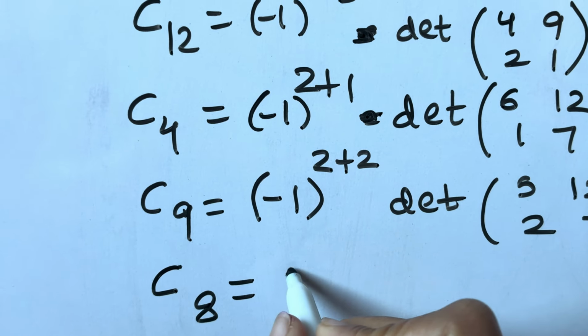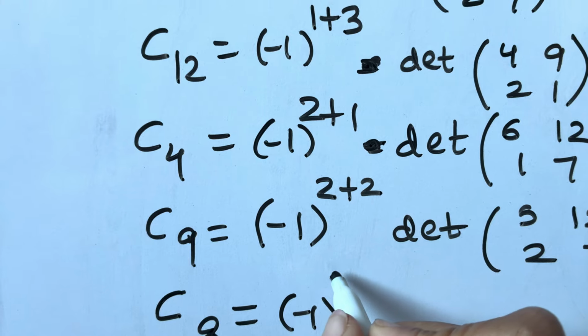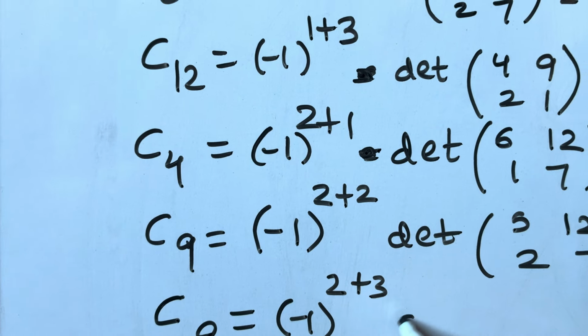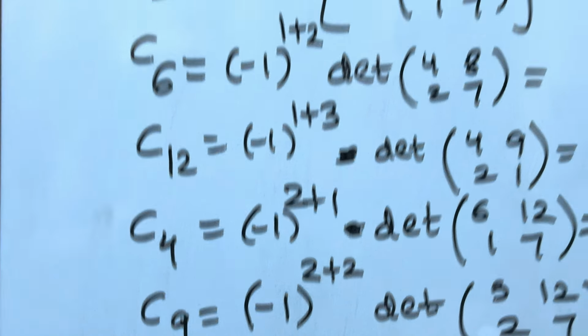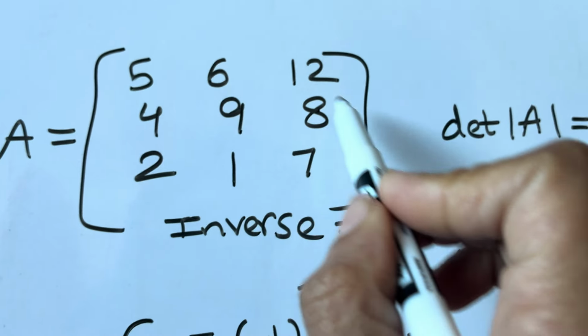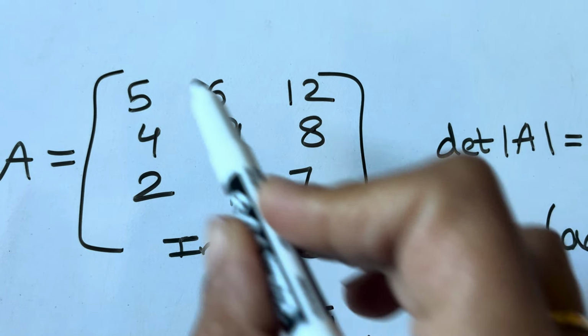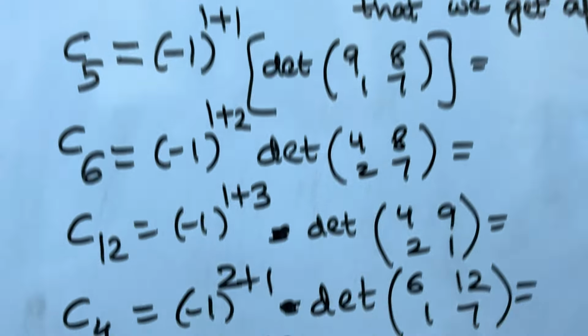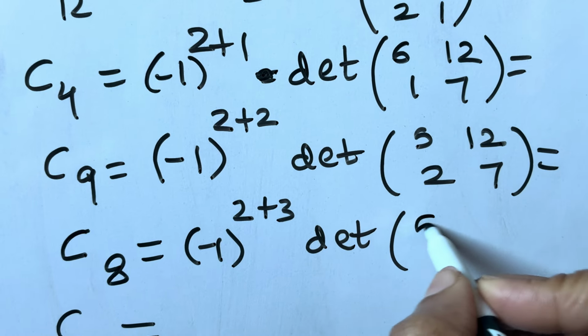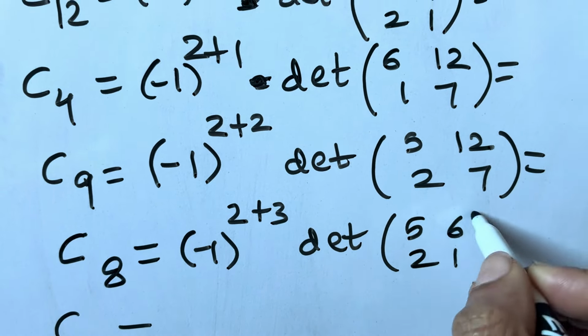And for 8: -1 to the power 2 plus 3, and the determinant would be removing the second row third column. My elements would be 5, 6, 2 and 1. So I can write it down as 5, 6, 2 and 1.